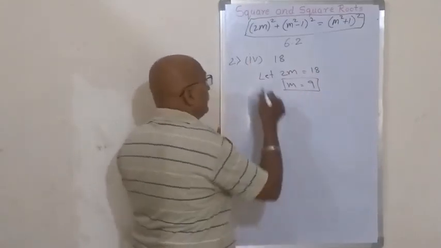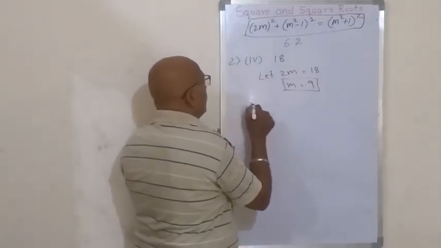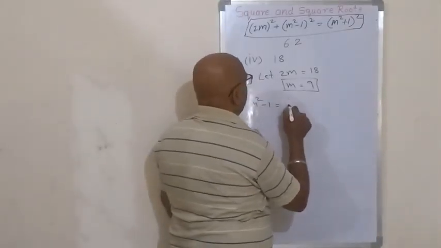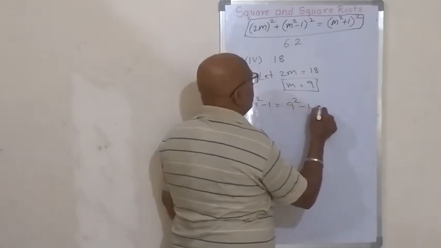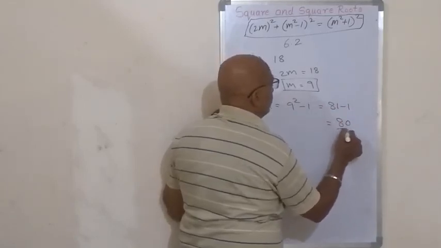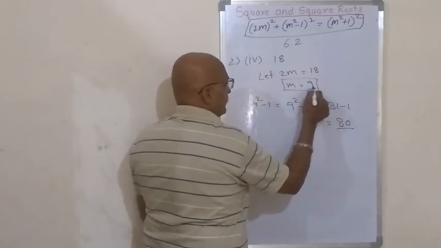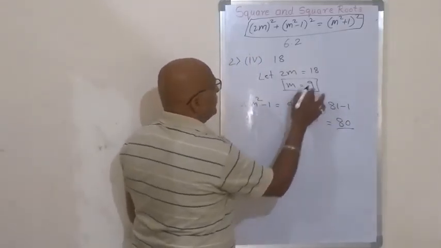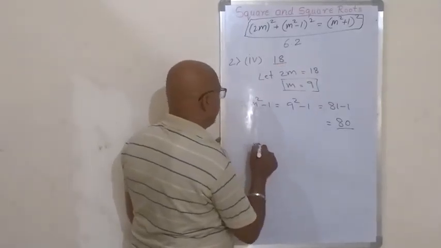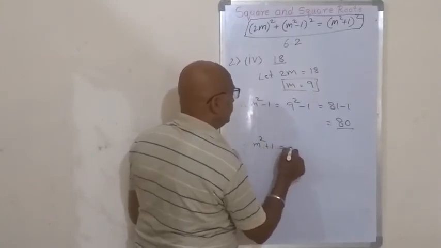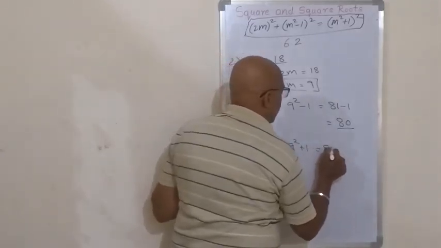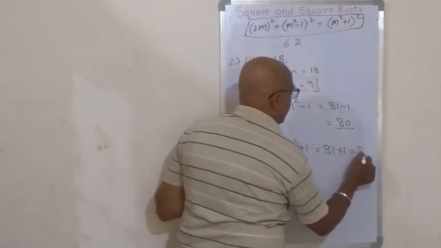You got this? Now, therefore, m square minus 1 equals 9 square minus 1 equals 81 minus 1 equals 80. This is the given number, first one. And next is m square plus 1 equals 9 square plus 1 equals 81 plus 1 equals 82.